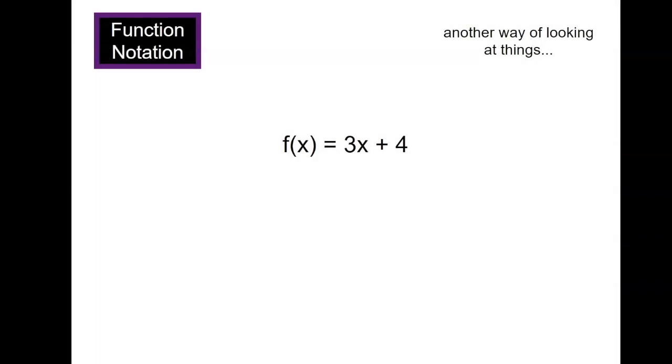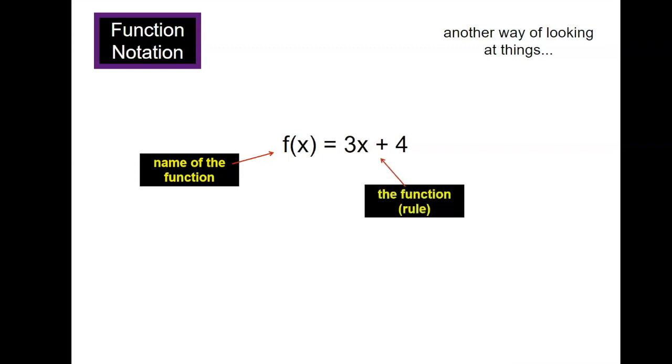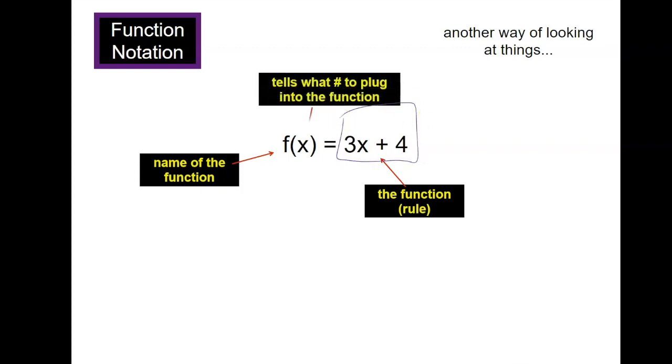Another way of looking at things is you have f of x equals 3x plus 4. The name of the function is the letter that's in front of x. This expression here on the right side is the function rule. And x is what tells us what number to plug into the function to evaluate and get the y value.